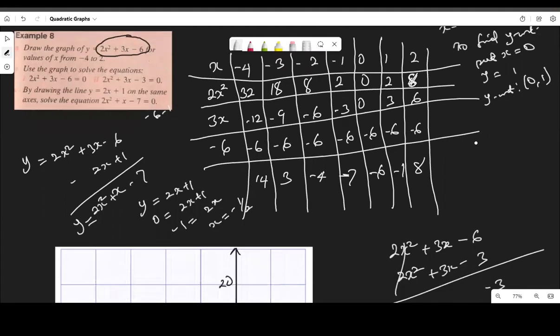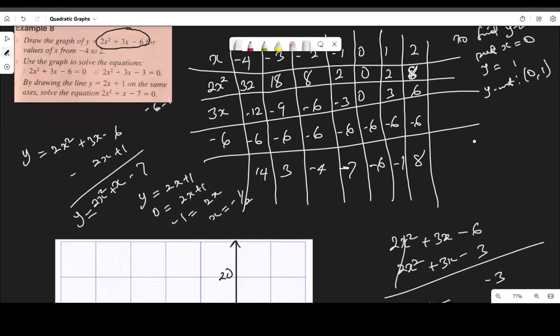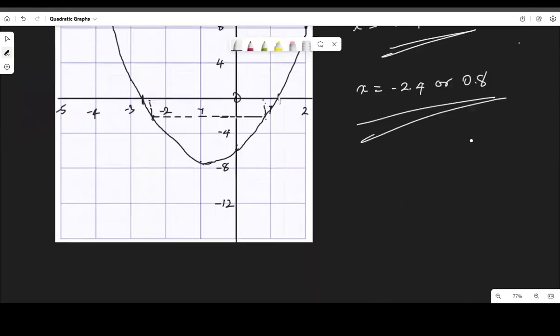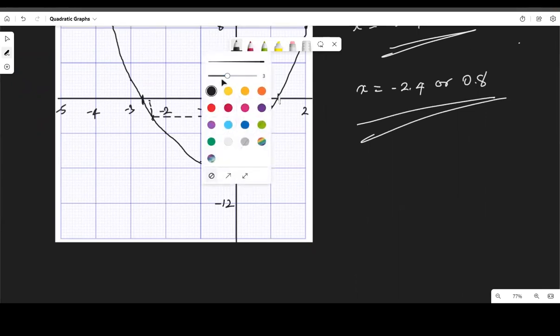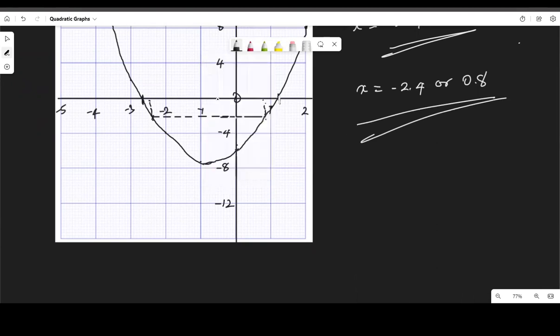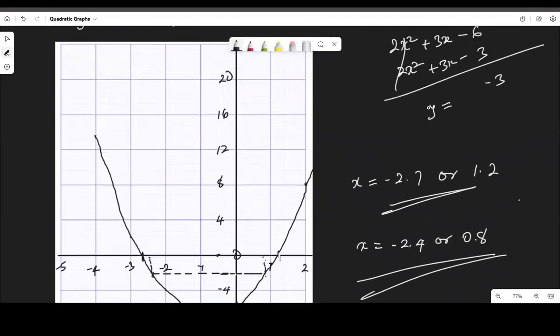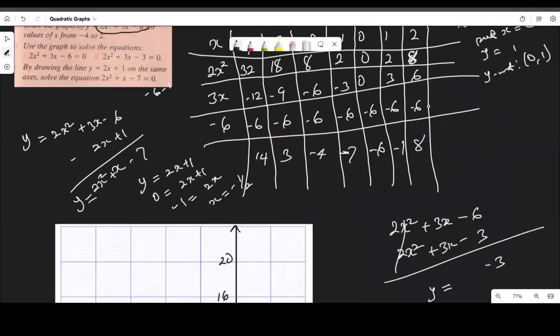With those 2 points, we'll be able to draw the line. x is negative 0.5. Negative 0.5 is right here. And y is 1, a positive 1 or so.